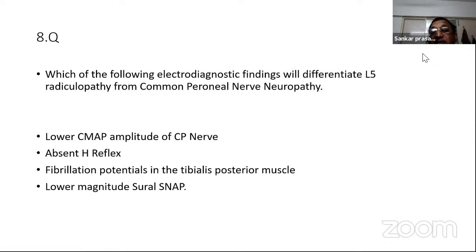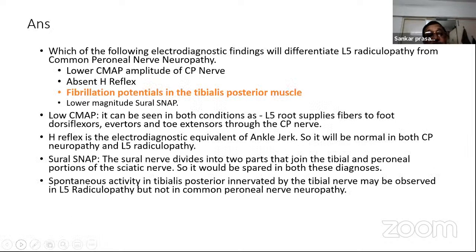That's good. Very nice. Excellent answer. You got it. Fibrillation potentials in tibialis posterior muscle.